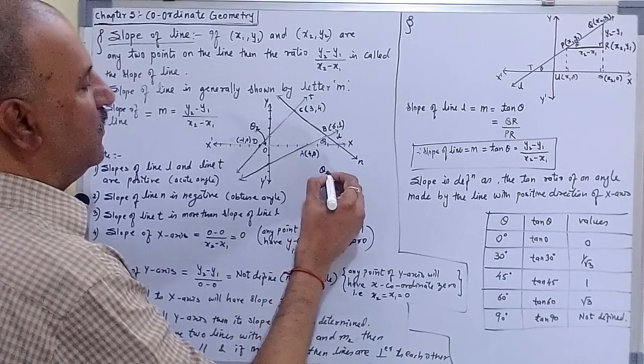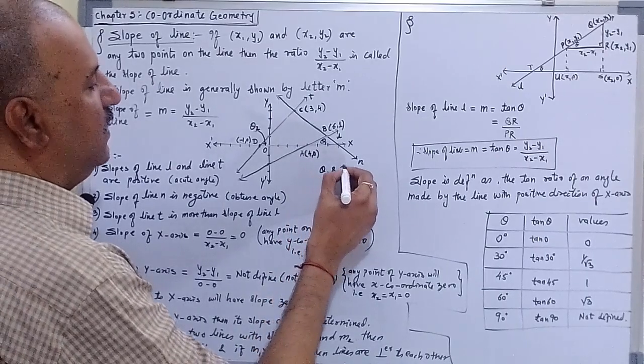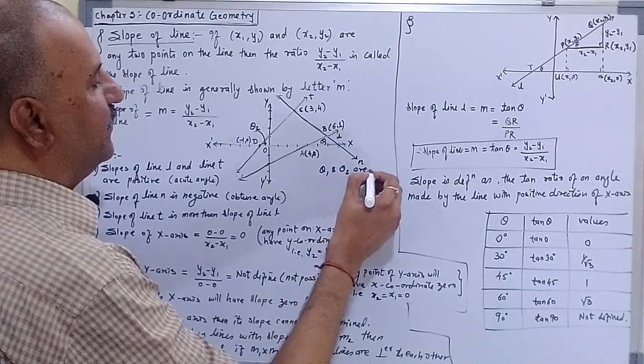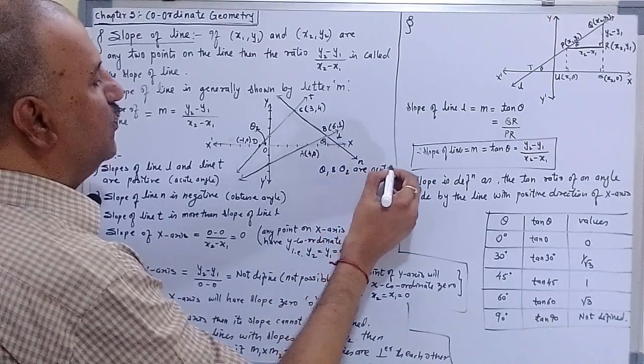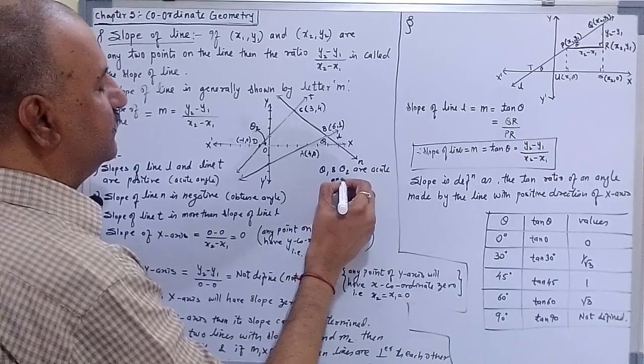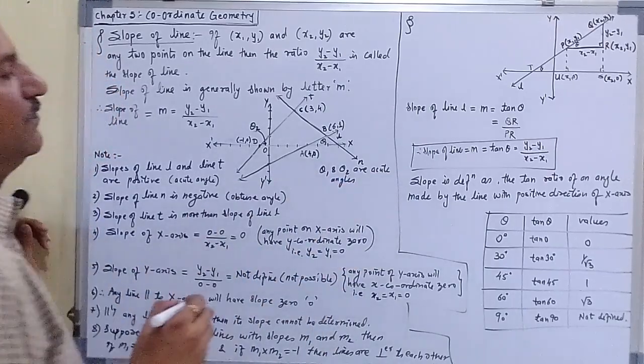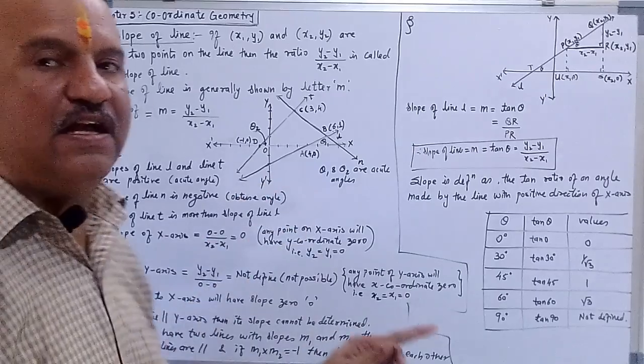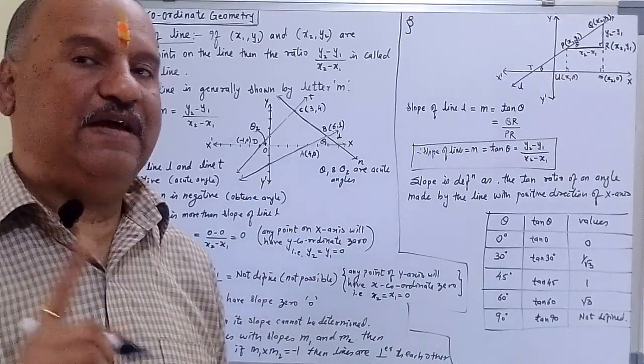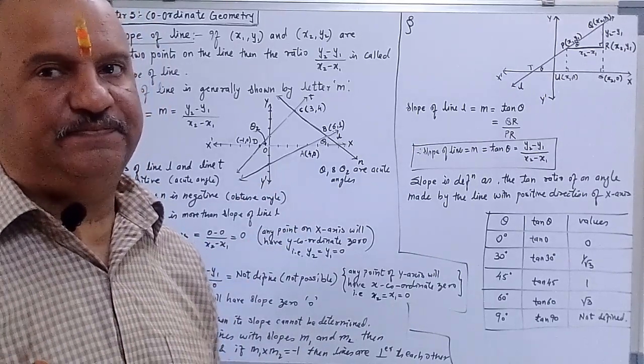Now theta 1 and theta 2 are acute angles. They make acute angles with respect to positive direction of x-axis. Okay?